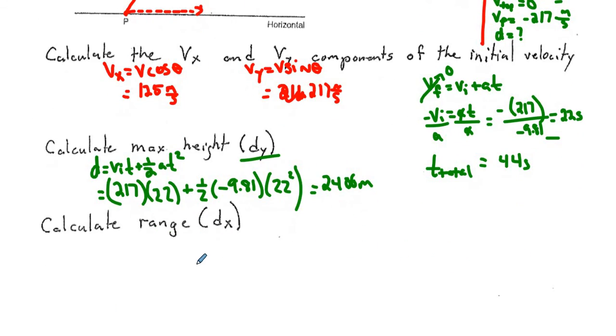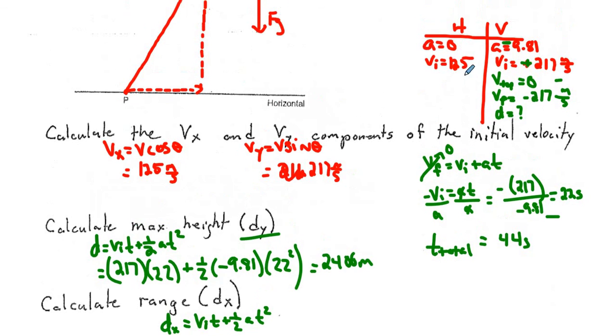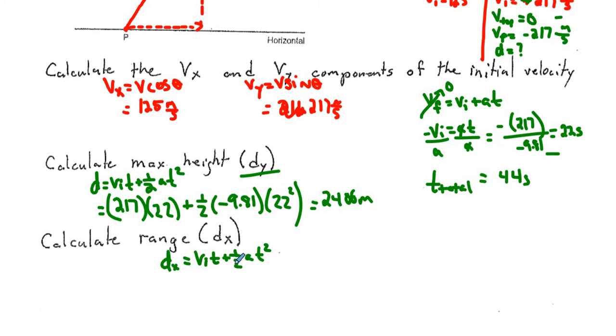If I want to figure out the range, that is my x component of velocity, so it's initial velocity times time plus 1/2 AT squared in the horizontal, which, looking up above, the acceleration in the horizontal is 0, so this whole thing cancels out. So now I have my initial velocity in the horizontal, the 125 meters per second, times the total time in the air.